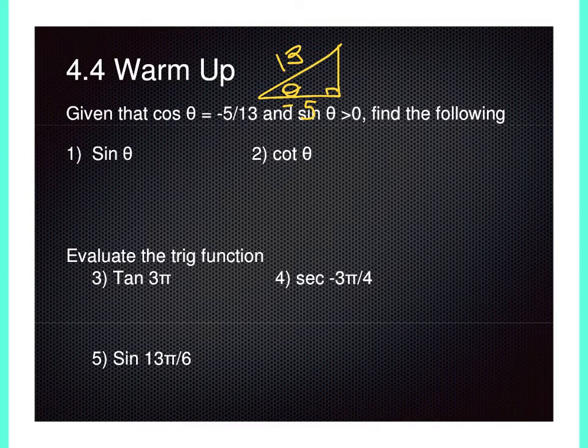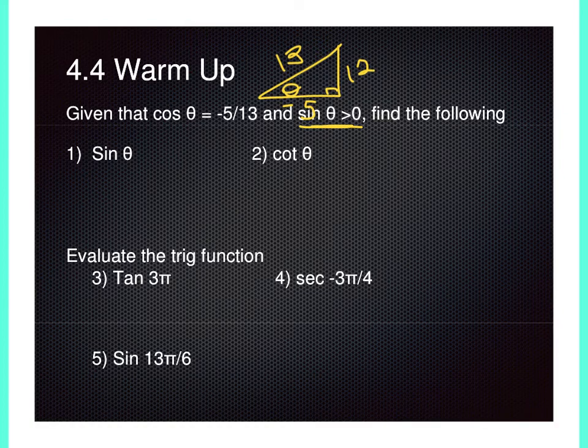Now what I don't know is, I know the length of the other side should be what? What's our triple? 5, 12, 13. I know the length of the side should be 12, okay? But I still have to use this piece of information to determine if that's a positive 12 or a negative 12. Because that says sine is greater than 0, and I know the hypotenuse is positive, then I know it's a positive 12.